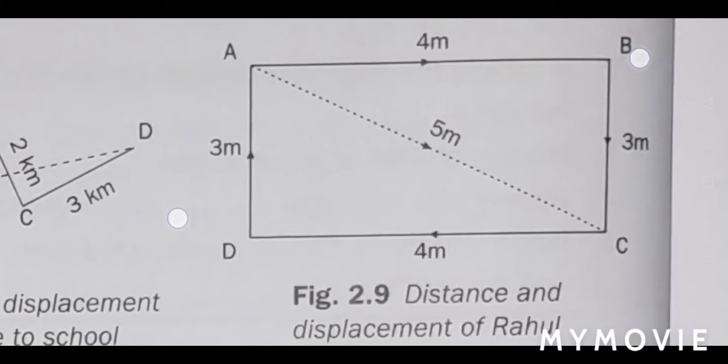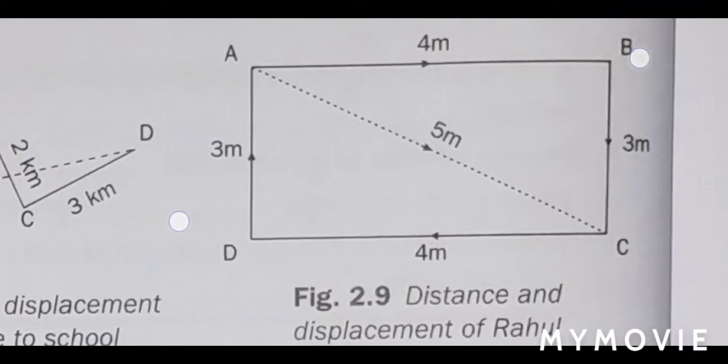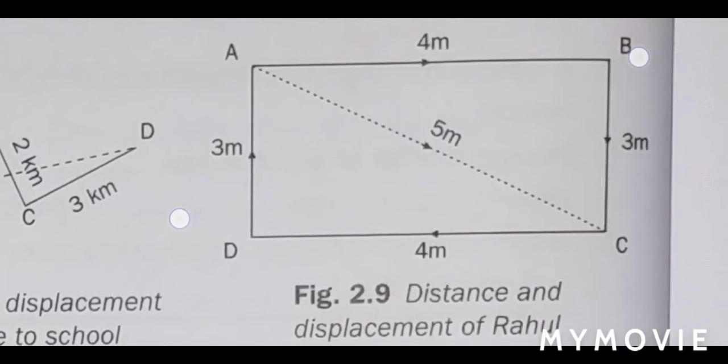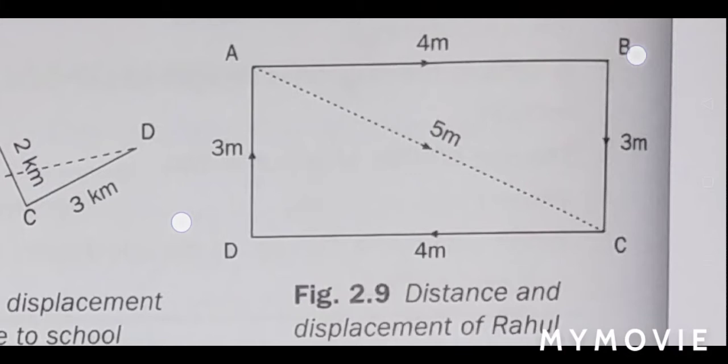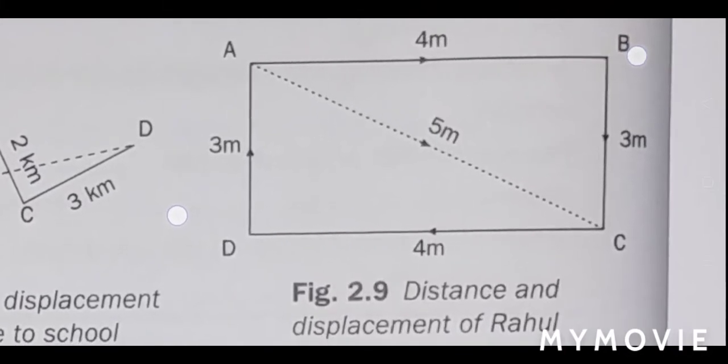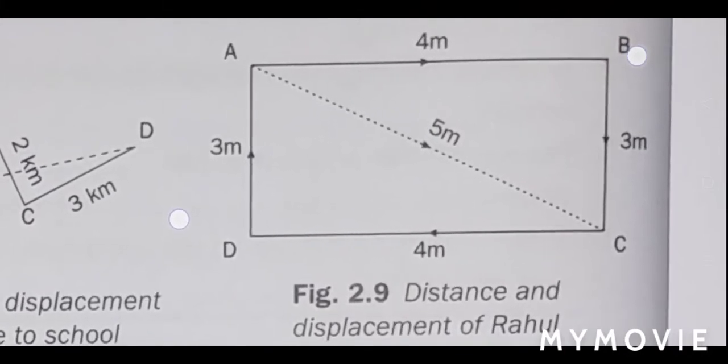AB is given 4 meter, BC is 3 meter, CD is 4 meter, and AD is 3 meter. So 4 plus 3 plus 4 plus 3 is 14 meter. That is the distance traveled by Rahul.